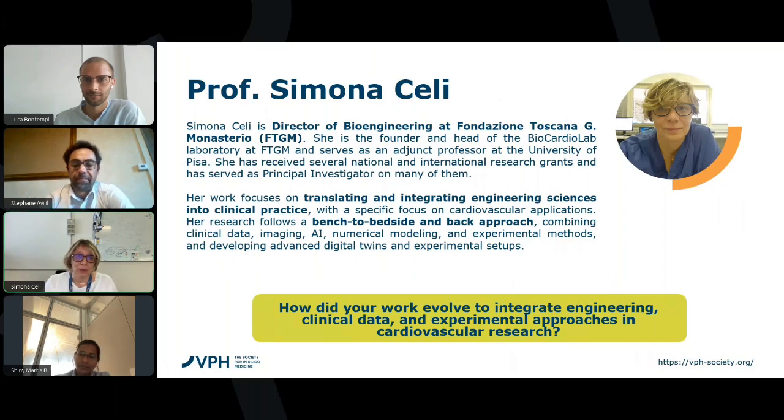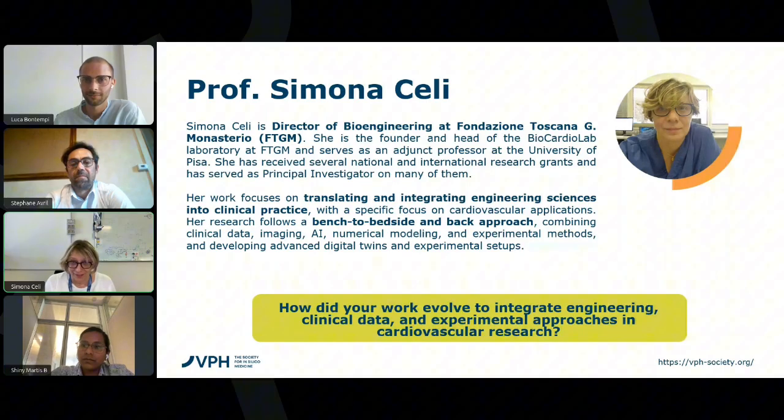And to put this in context, it was right around the time Professor Holzapfel promoted his strain energy function for arteries. So it was the first insight to combine experiment and modeling.